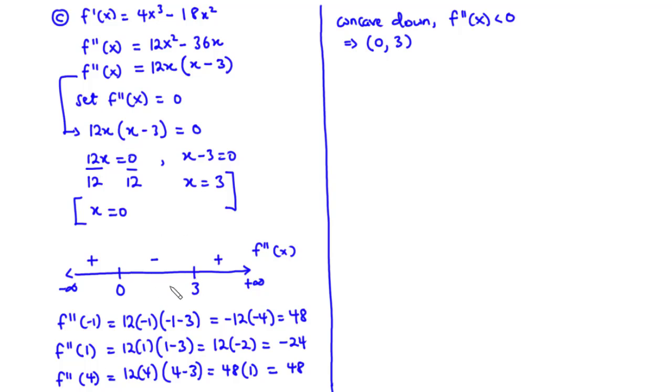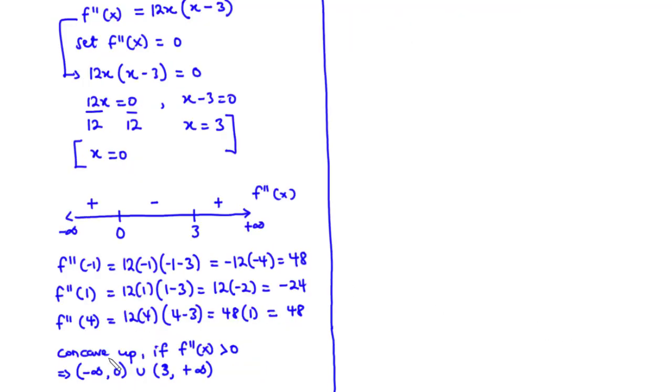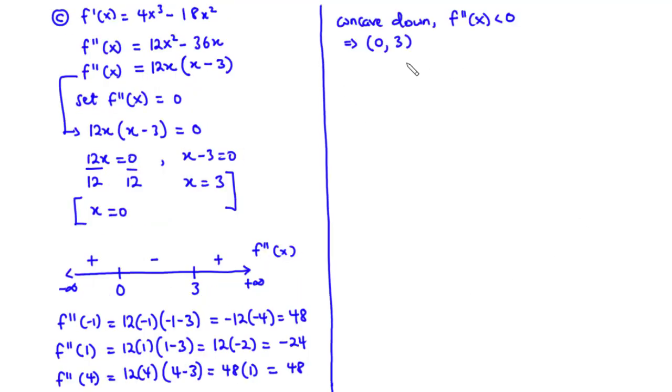So within this interval, f prime prime of x is less than 0. So the function is concave up within the interval negative infinity, 0 union 3, plus infinity, and then concave down within the interval 0, 3.